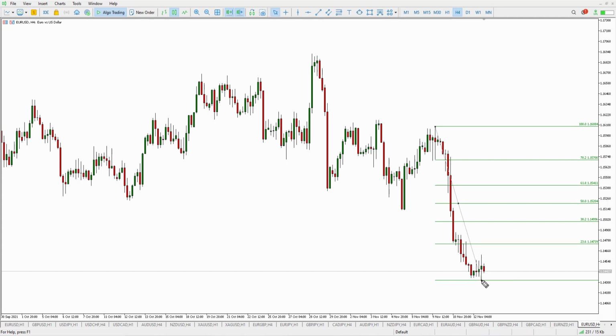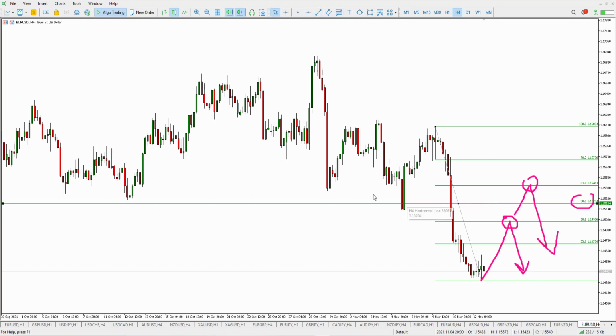So from now on we could expect price to come and test the 38.2 level and possibly reverse. Or if it continues above it, then we're going to be looking for the 61.8 level and a potential reversal from there. So we really have a couple of entry levels in this setup together with the 50%, in fact, because looking at the 50% level, if I place a horizontal line, you can see that it perfectly aligns with previous structure here and here as well.